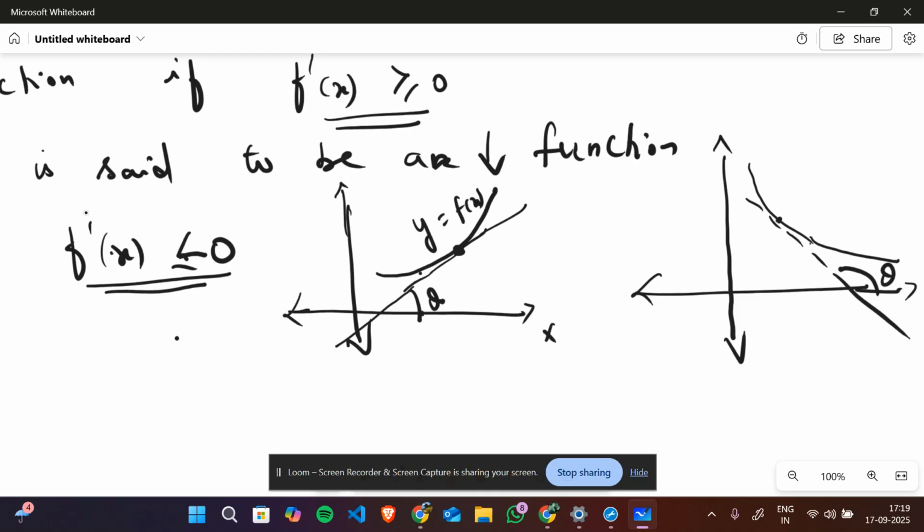Now let's see one problem on a polynomial function: how to find the intervals for which the function f of x is an increasing function and a decreasing function.